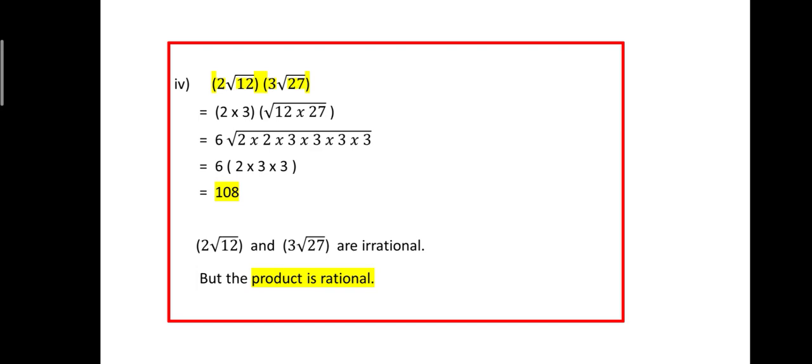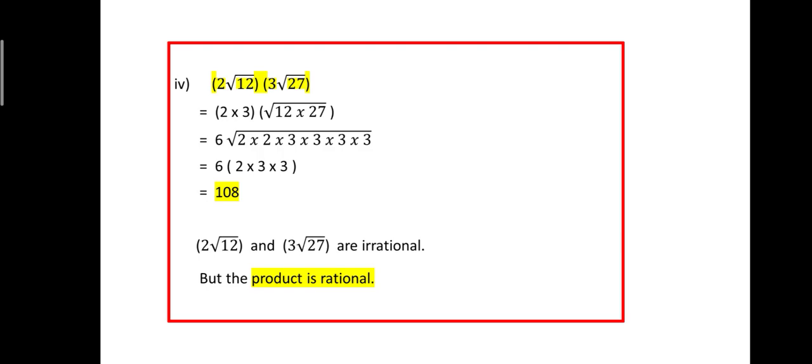In the next example, we are going to multiply two irrational numbers. The first irrational number is 2 root 12 and the second irrational number is 3 root 27. So when we multiply them, the rational part is multiplied to rational part. So 2 into 3 is 6, and the irrational parts get multiplied to give us square root of 12 into 27, which when prime factorized gives us the factors 2, 2, 3, 3, 3, 3.